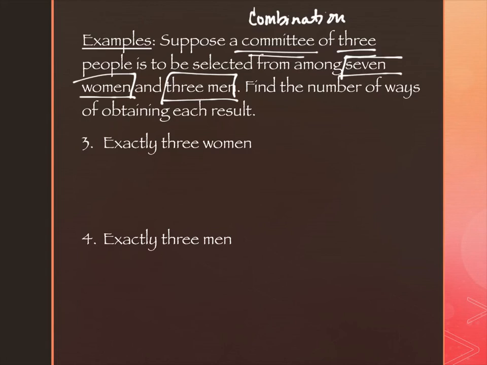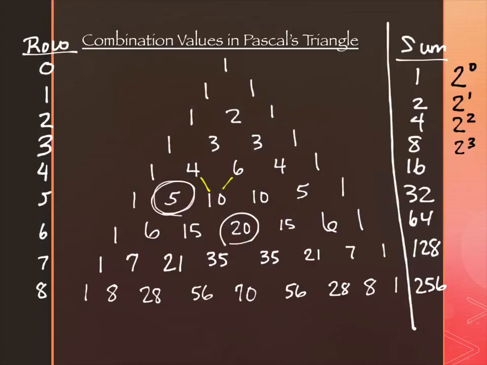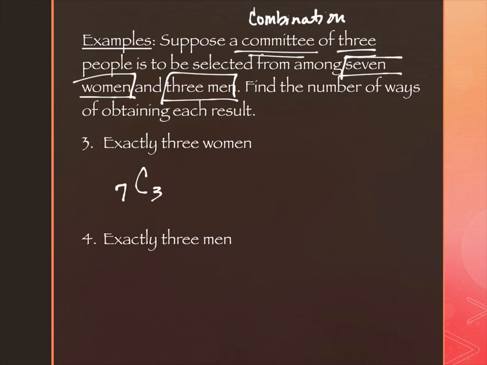How many women are there? 7. How many am I choosing? 3. But I'm not using factorials. 7C3 is in my table. What is 7C3? 35. And to be honest, we've already done this problem before, and we got 35 as well when we did it.